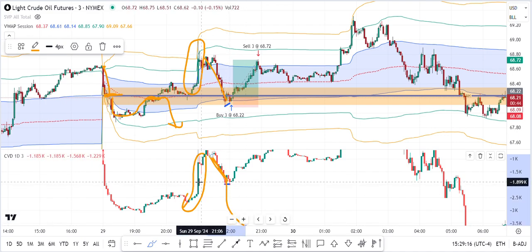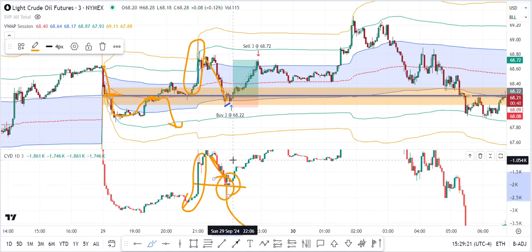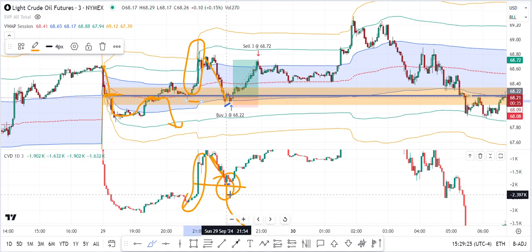So there were still buyers in the market interested in keeping this above. Even though it went below in price, there were still buyers on the delta. Basically, delta is the amount of buyers minus the amount of sellers. That's the layman's terms of what delta is, or the cumulative volume delta.